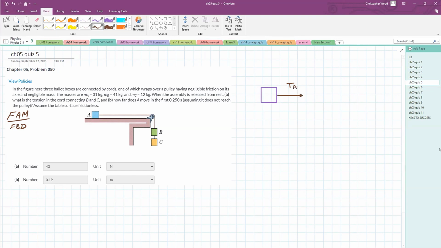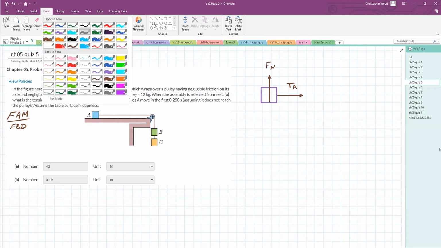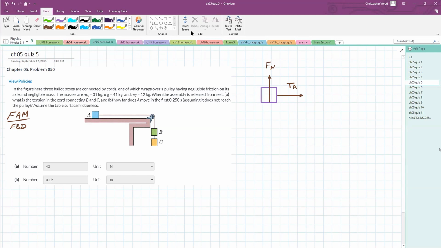There's also a normal force, has to be. Normal force technically originates at the tabletop. So this is the normal force. And there's the weight force. The weight force initiates at the center of mass right about here.